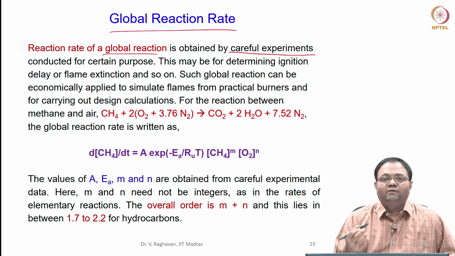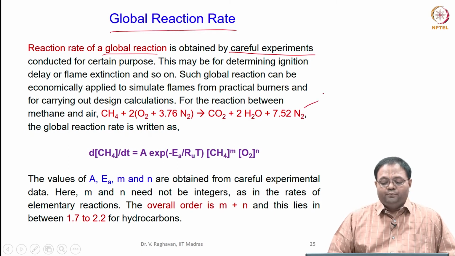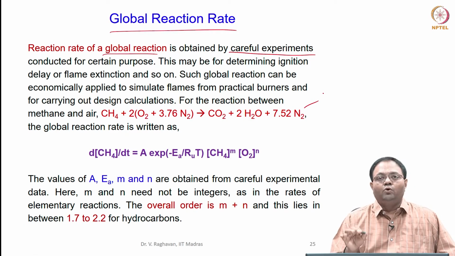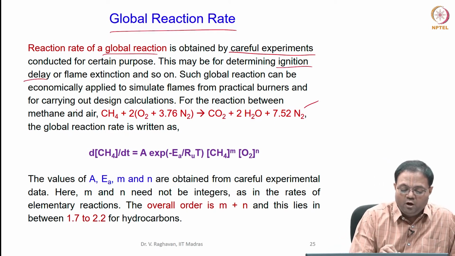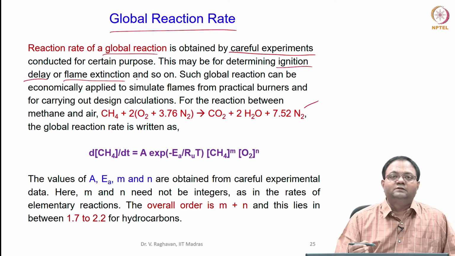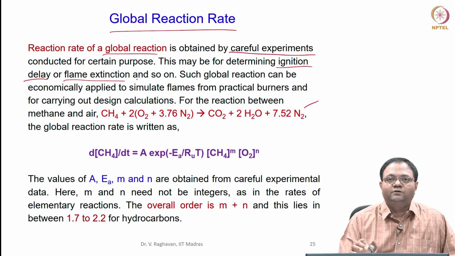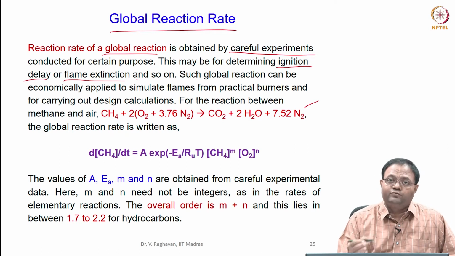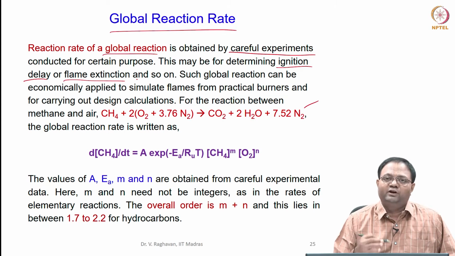So in several cases we can use a global single step mechanism like this, and for each of these we have to determine the rate coefficient. For example, if you want to do ignition delay calculation or flame extinction characteristics of a particular burner, then a single step reaction can be tested, the rate coefficient can be determined, and that can be used for doing parametric studies.